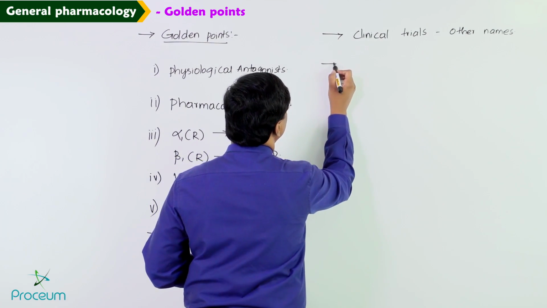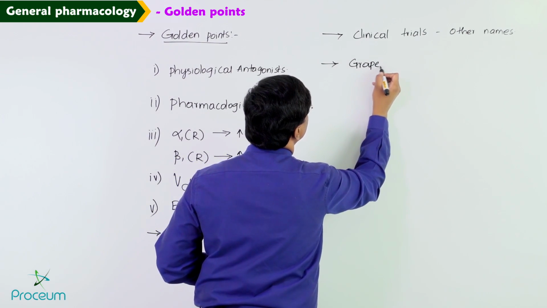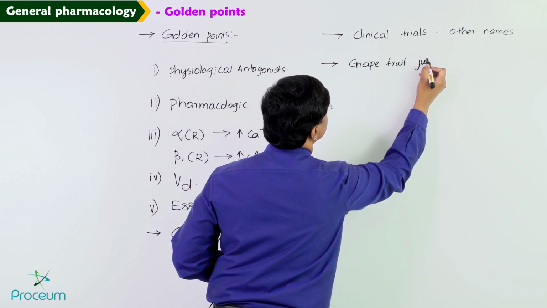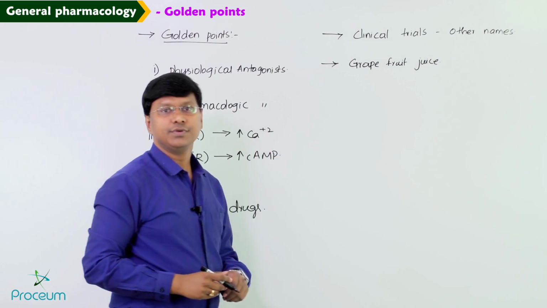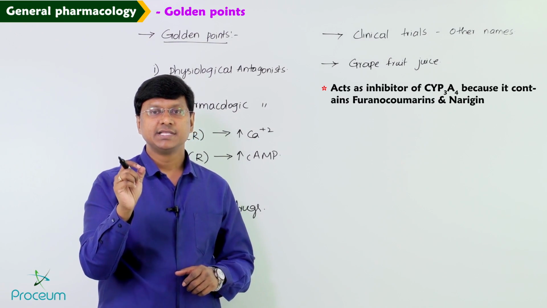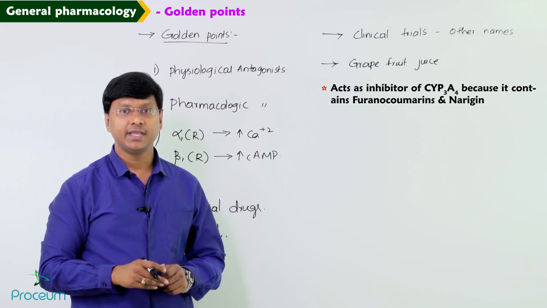Next, another important golden point is regarding grapefruit juice. Now, remember, grapefruit juice acts as an inhibitor of CYP3A4. Why?